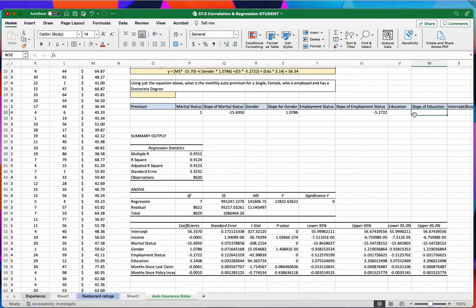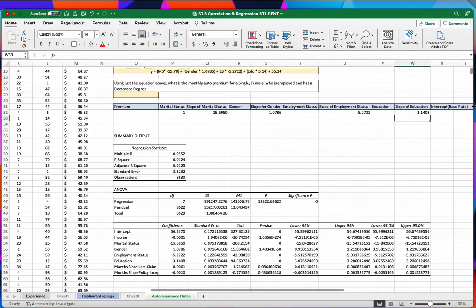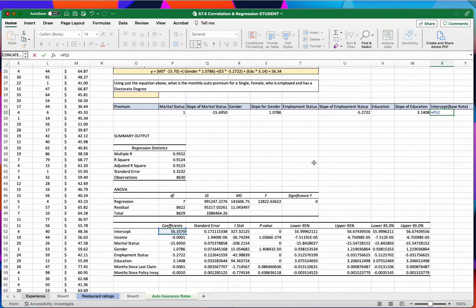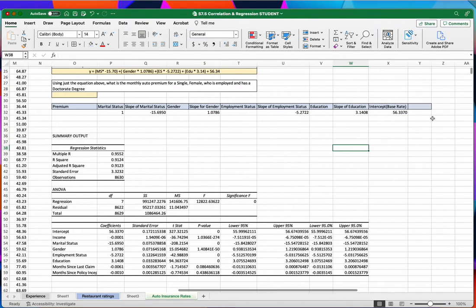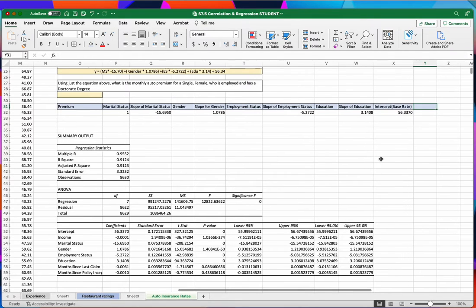Slope of my education equals, come down here to education, 3.14, and then my intercept base rate equals the 56. And just take that out there. Okay. And I have an extra blue, and I can get rid of that later.